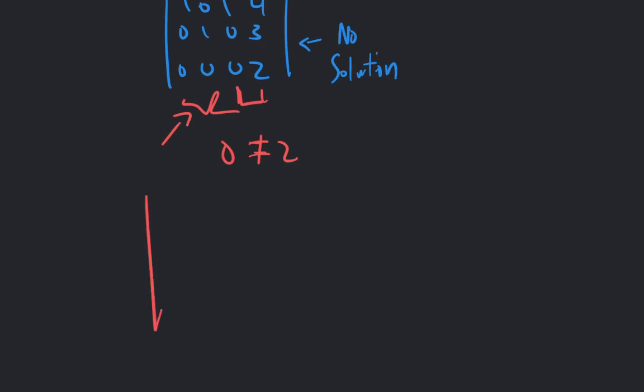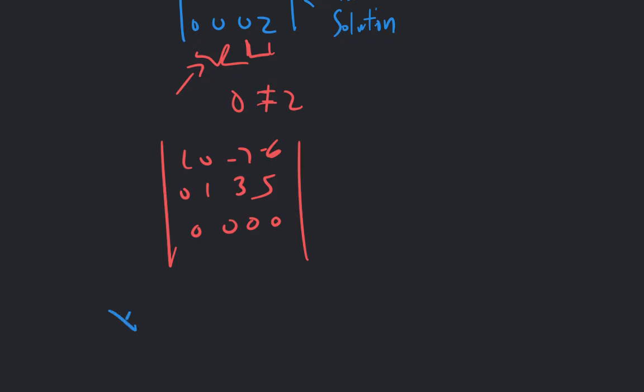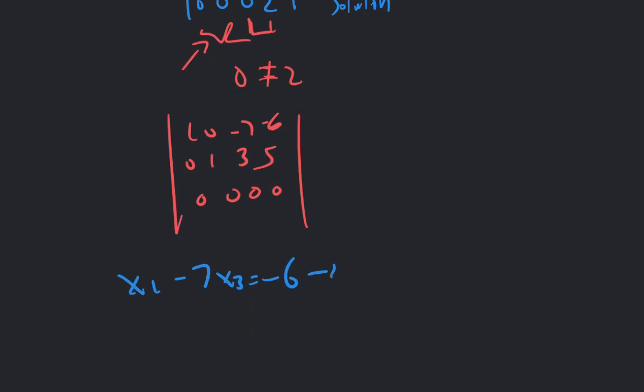If you get something like this, we can have x1 minus 7x3 is equal to negative 6. And then we also get x2 plus 3x3 is equal to 5.